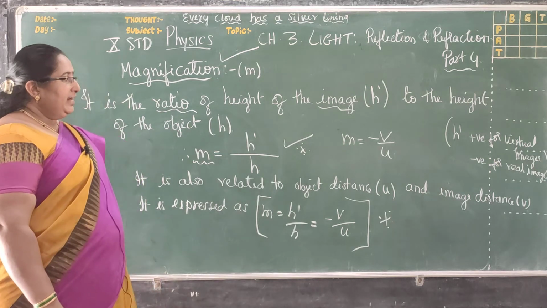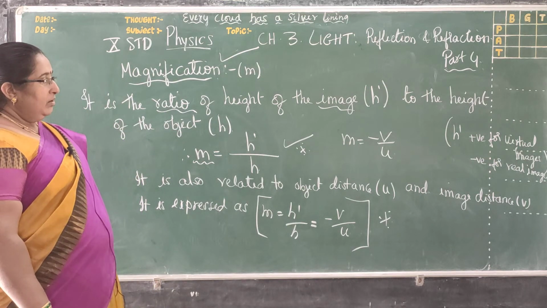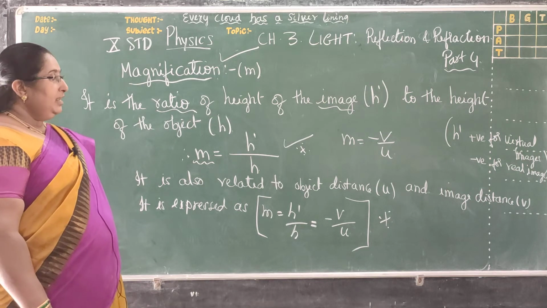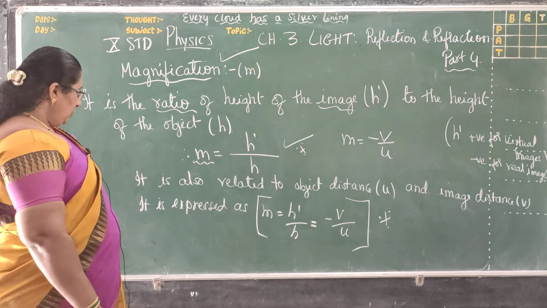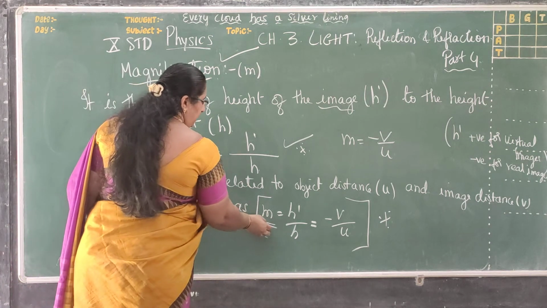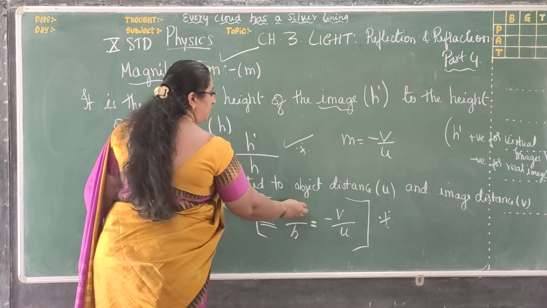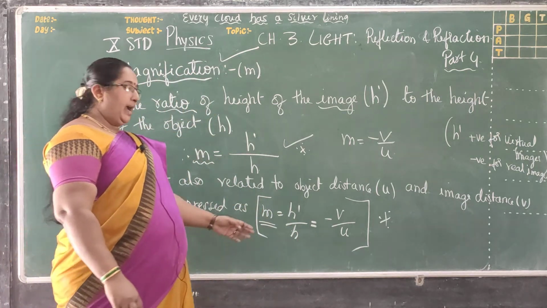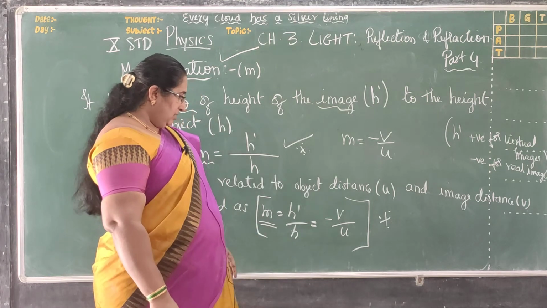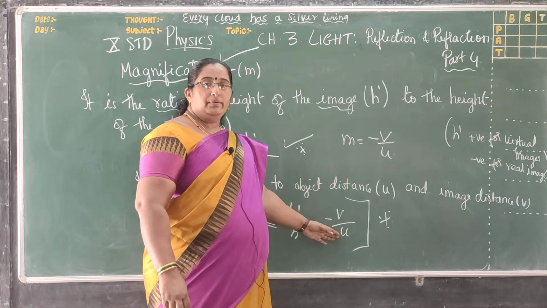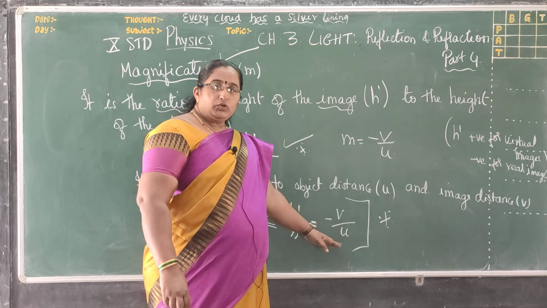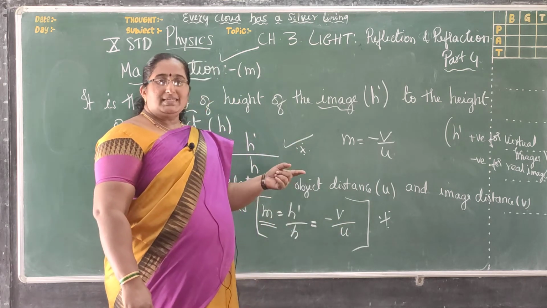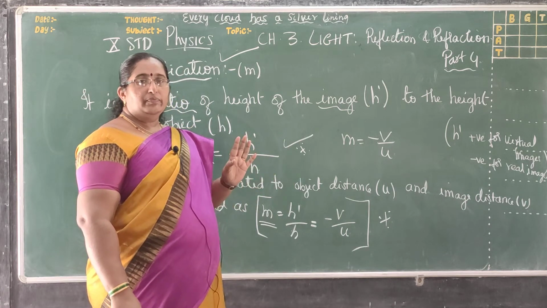Therefore, magnification m is equal to the ratio of the height of the image to the height of the object, and also the ratio of the image distance to the object distance, and the negative sign expresses whether the image is real or virtual.